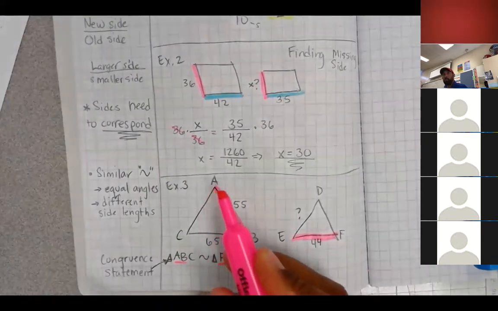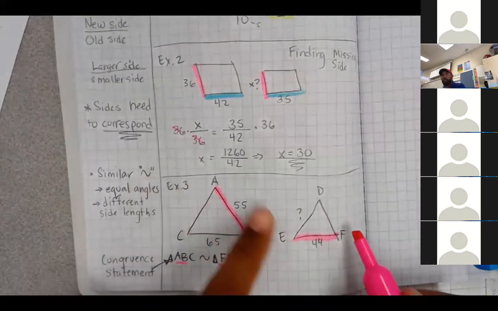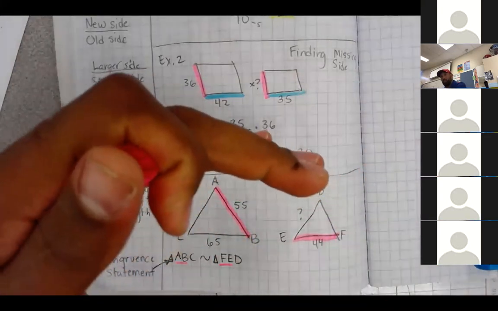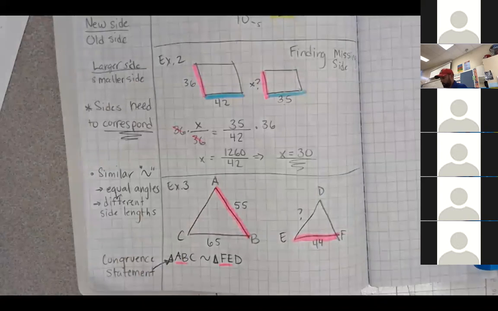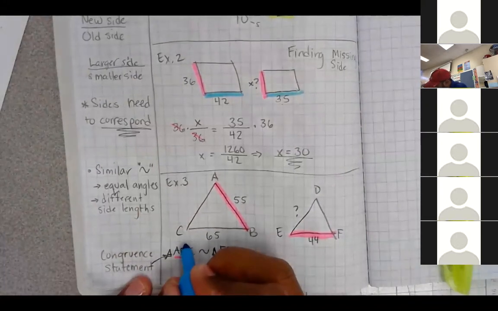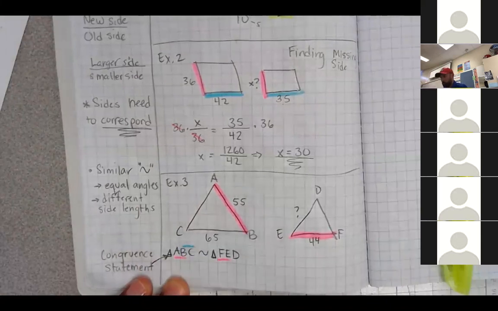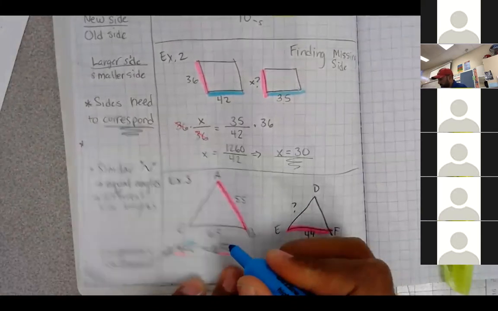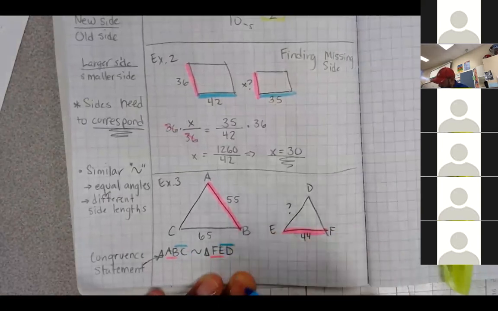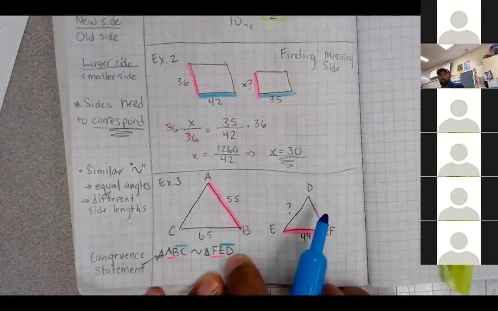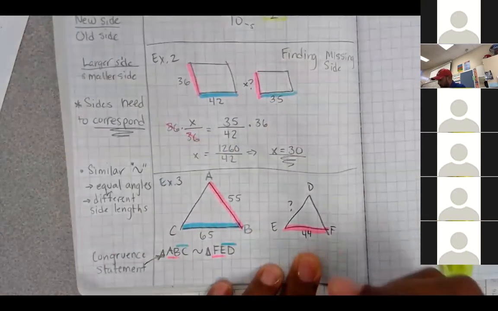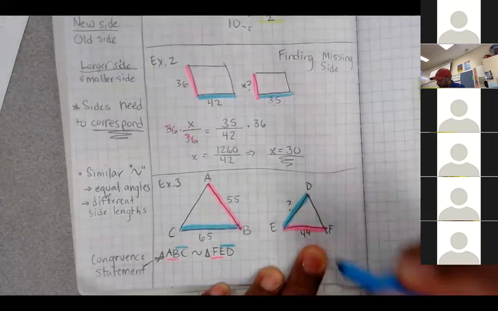Notice how this side, DF, and AB are not the ones that are congruent. So it actually looks like the triangle was turned or rotated. All right, so now how about another side? How about side BC? Well, BC, since it's the last two letters, is going to be congruent to ED because that's the last two letters in this statement. So that means that this side, BC, is congruent to ED, this side.